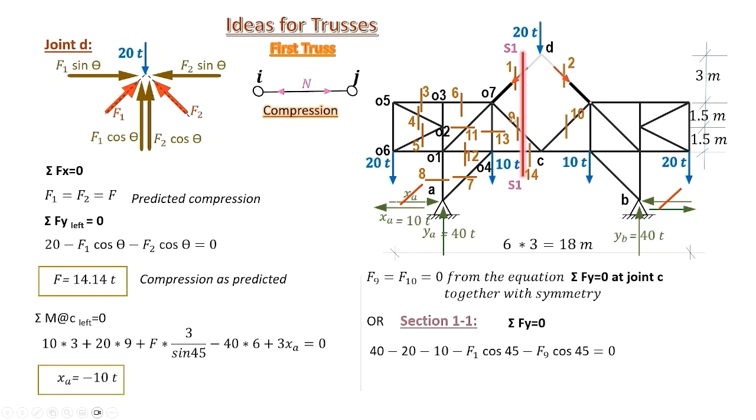If you consider tension force in member 9, then the vertical component of member 9 will be heading downwards also. In this equation, all forces heading downwards have a negative sign, and those heading upwards, of which we really have one, YA, have a positive sign. Substituting for F1 by this value, we conclude that F9 equals 0 tons.